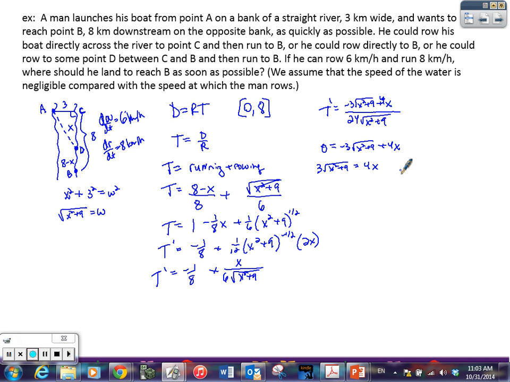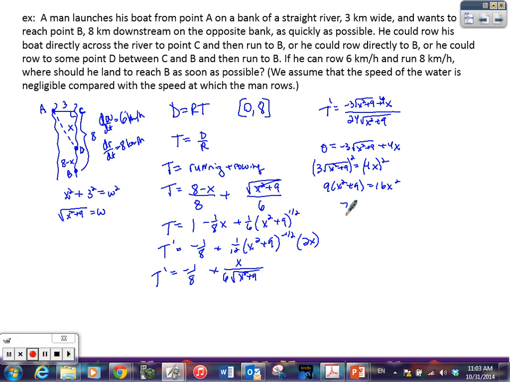The technique that we're going to use here is squaring both sides, which we have to always be cautious with, because why? It could create extraneous solutions. Not that it always does, it just could. We just need to pay attention. Okay, so we're going to square both sides. We get 9 times x squared plus 9 equals 16x squared. I distribute and combine like terms.